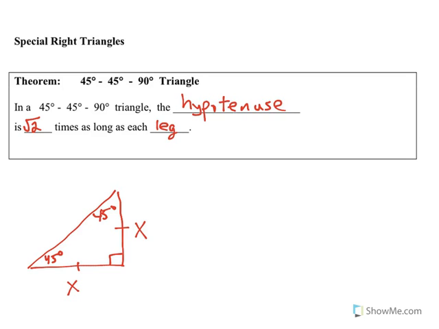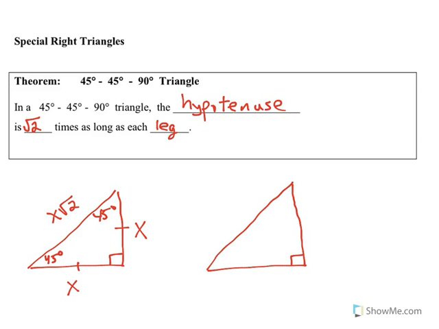And instead of doing the Pythagorean theorem to get the length of the hypotenuse, what you could do is just take your leg, which we're calling x, and multiply it by square root of 2. So an example with some numbers in it, let's just say I had a 45, 45, 90.